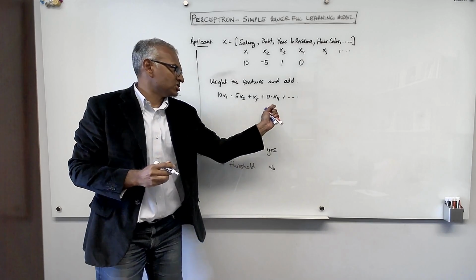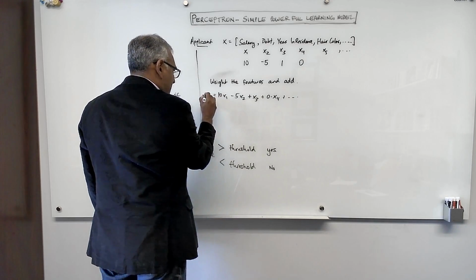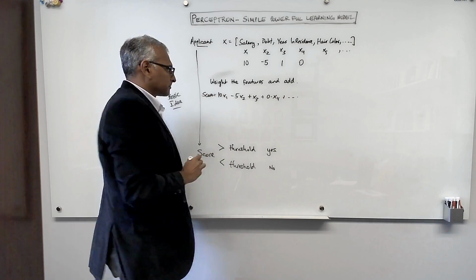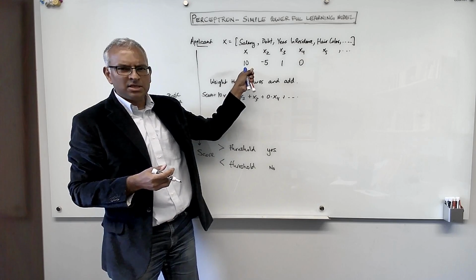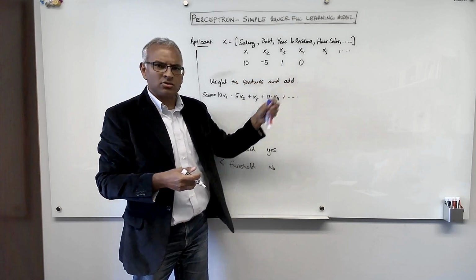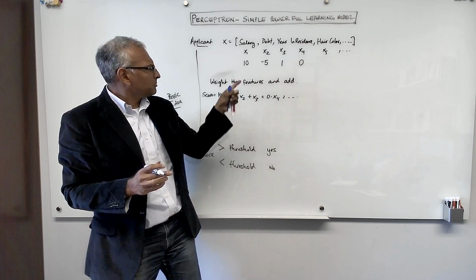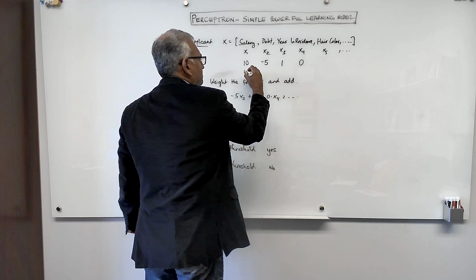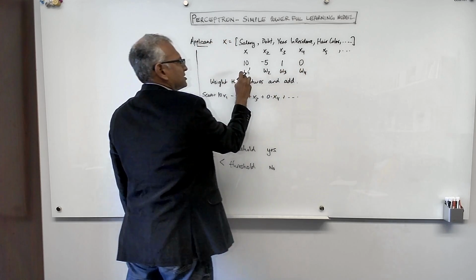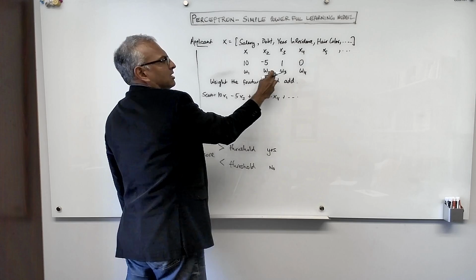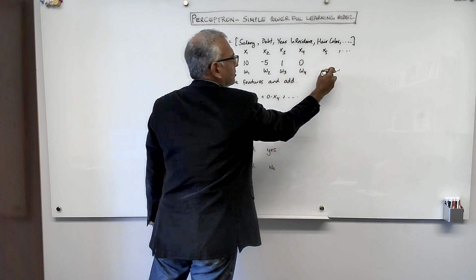Now let me put this in a generic form. So this is my score. Let me put this in a generic form by not committing immediately to the weights 10, minus 5, 1, and 0, although those are the ones that I picked. Let me call these weights W1, W2, W3, W4. So it happens that this is large, negative, small, 0, and so on.